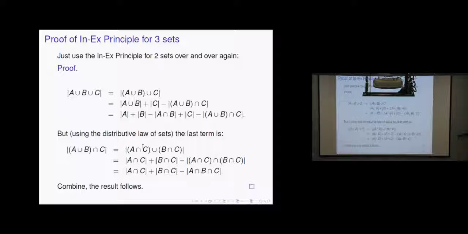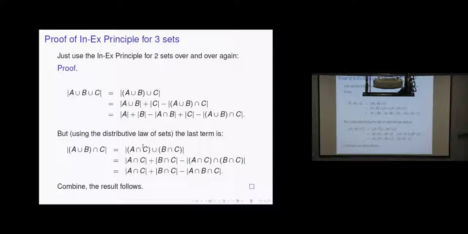By the law, I can distribute this intersection to A and to B. So this is equal to (A intersect C) union (B intersect C). This is some law of operation on sets. You can draw a Venn diagram and you'll believe me.